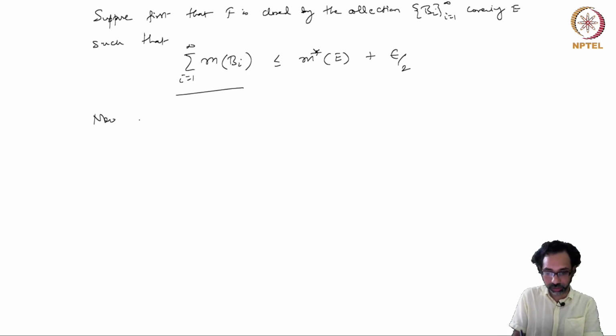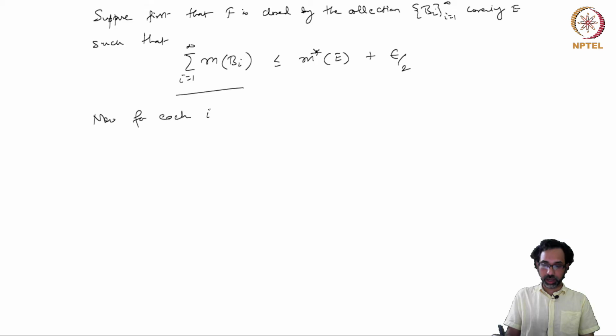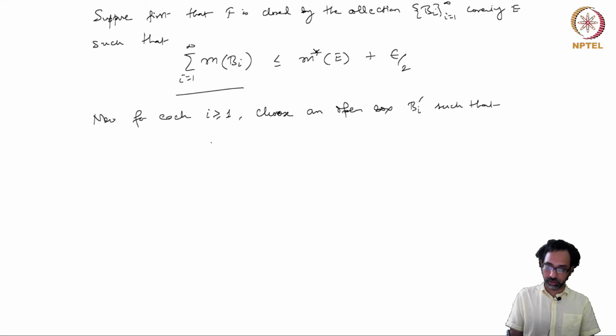Now for each i greater than or equal to 1, choose an open box Bi prime such that m(Bi prime) is less than or equal to m(Bi) plus epsilon by 2 to the power i.